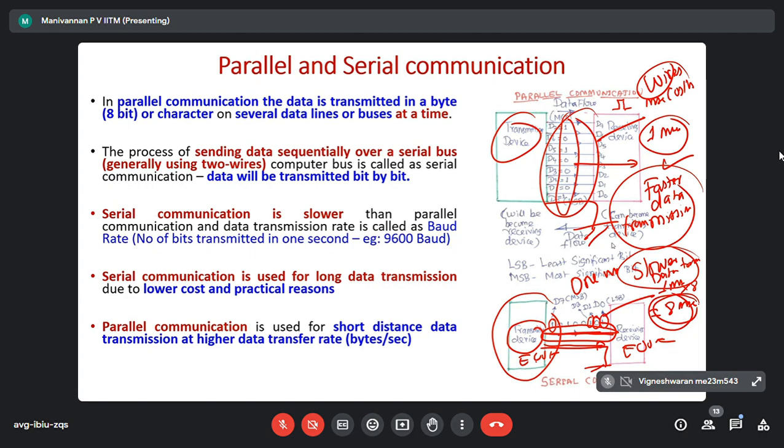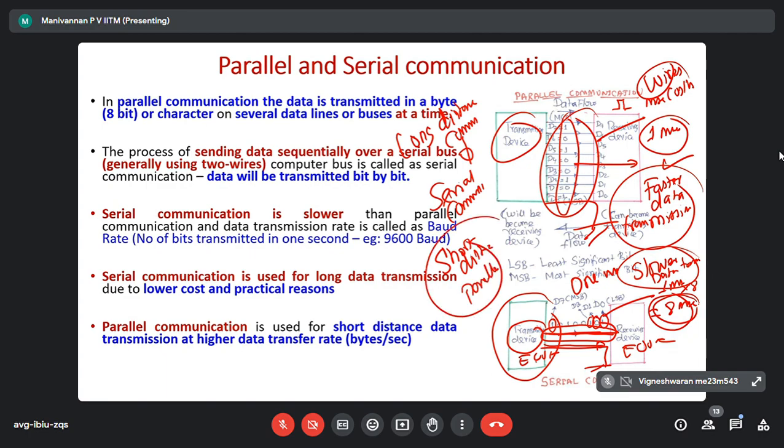If I use parallel communication, data will be transferred faster but the cost will be very high, 8 times costlier. So for long distance data transfer, note down, we use serial communication bus. For short distance and faster transmission, we use parallel communication.